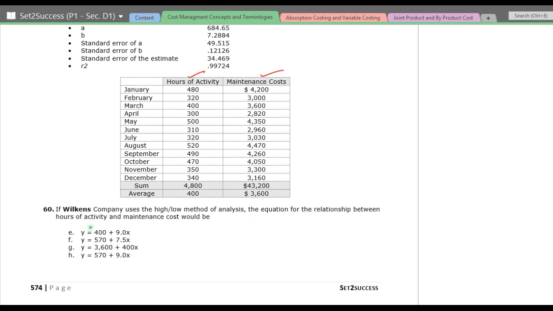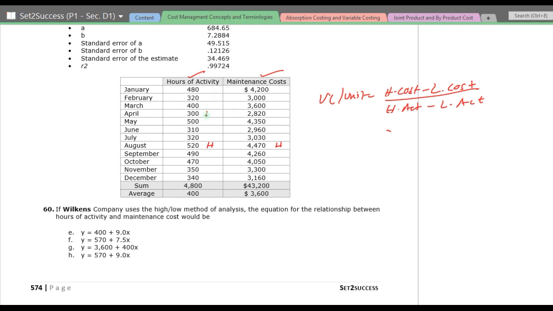relationship between hours of activity and the maintenance cost would be, so variable cost per unit is equal to highest cost minus lowest cost divided by highest activity minus lowest activity. So the highest activity is 520 and the highest cost is 4470.